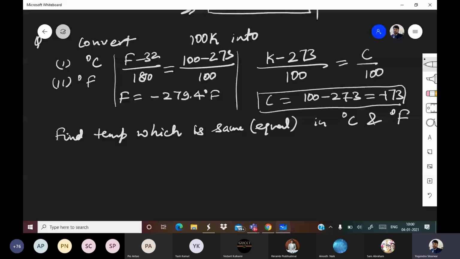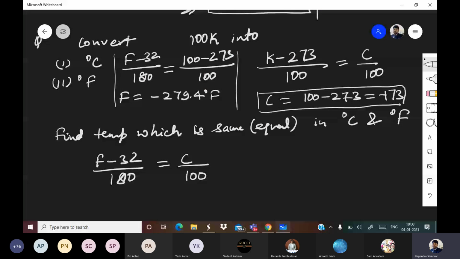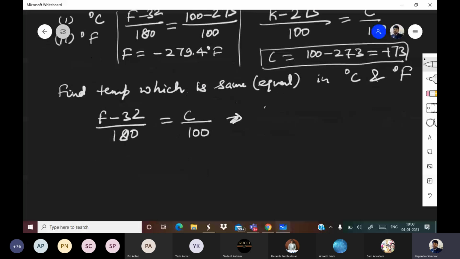So basically, (F minus 32) upon 180 should be equal to C upon 100. So this can be written as (X minus 32) upon 180 is equal to X upon 100.